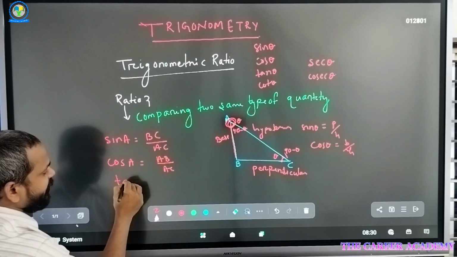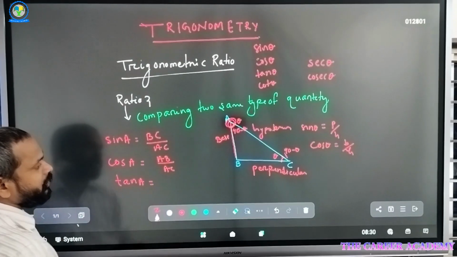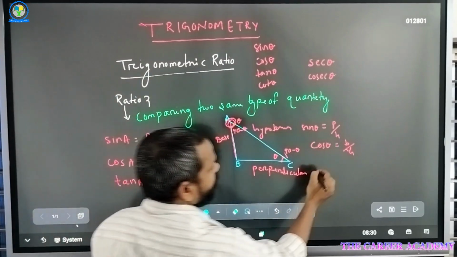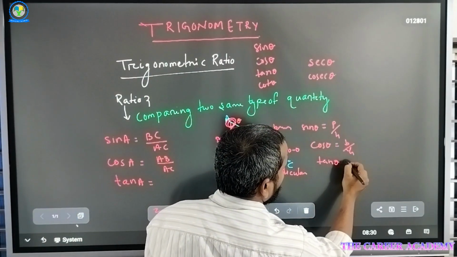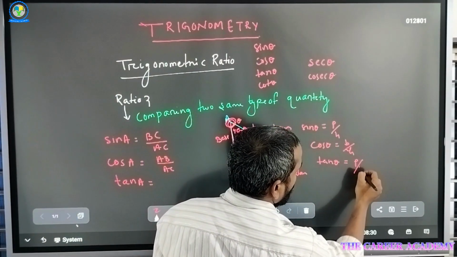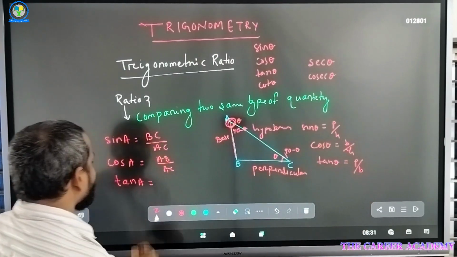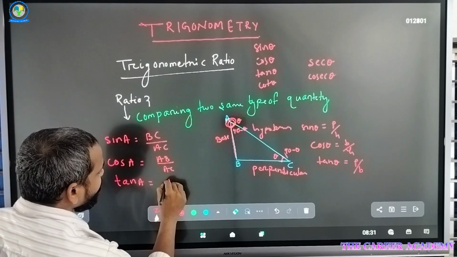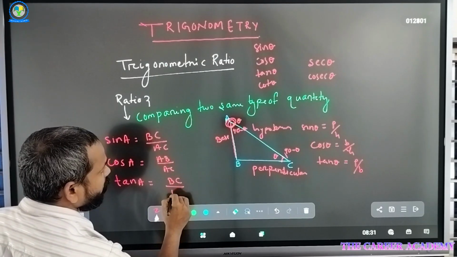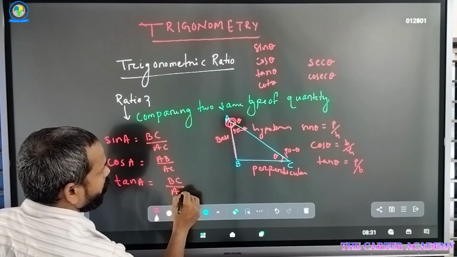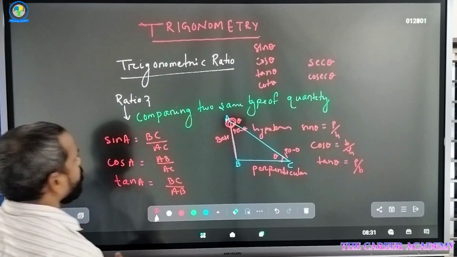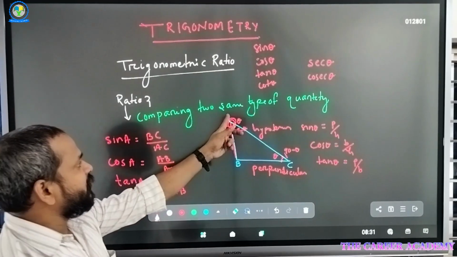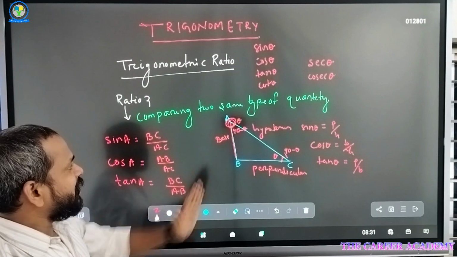If I take tan A, it is P upon B. That means tan A is equal to BC upon AB. Clear?